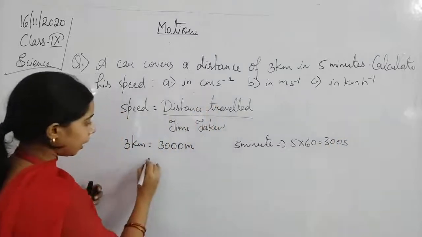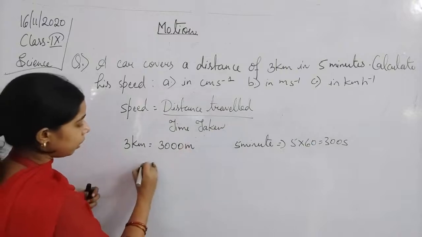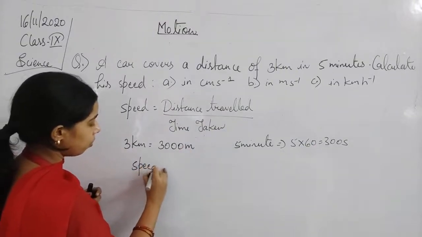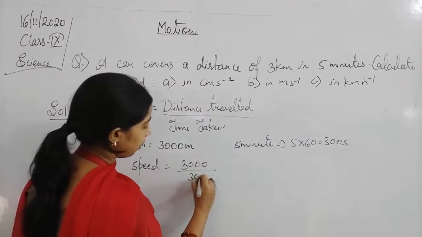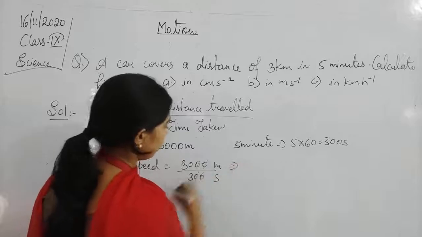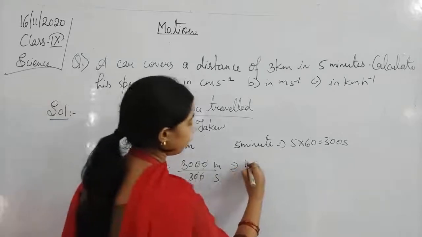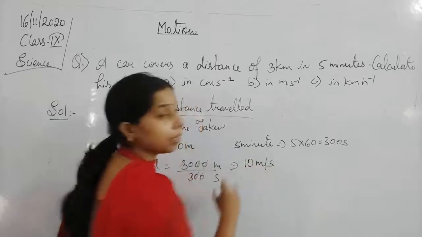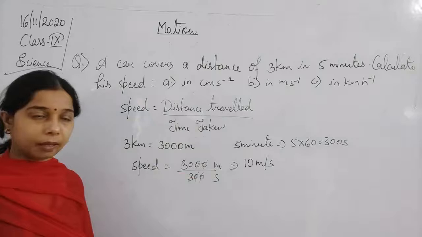So putting the values here, we have the value in meter and second. So speed will be equal to 3000 upon 300 meter per second. It will be equal to 10 meter per second. So the value came out as 10 meter per second.